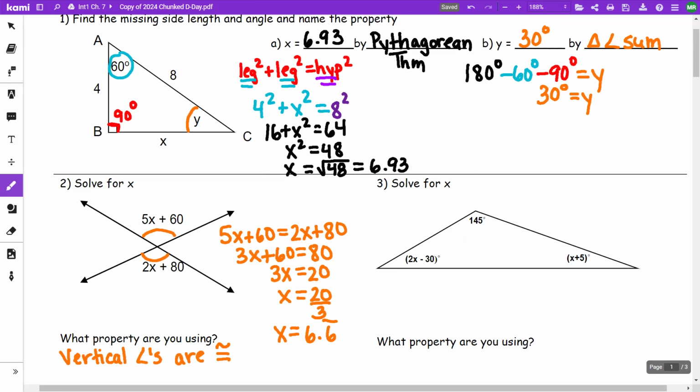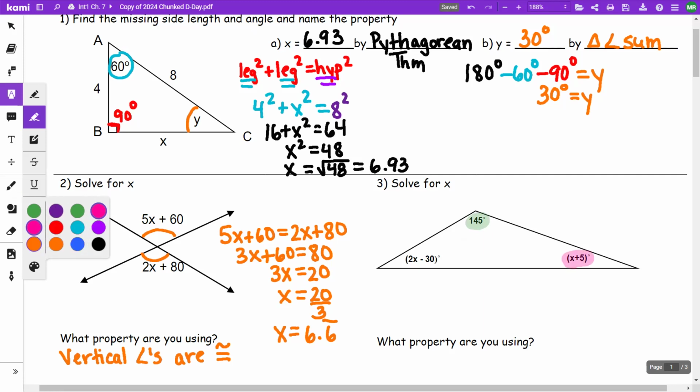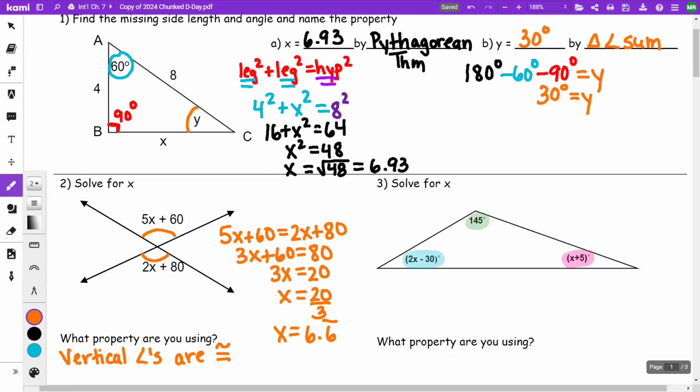On number 3, we have a triangle. All of these things here are angles. One angle is 145, one angle is x plus 5, and another angle is 2x minus 30. All three of these together are going to add up to 180 degrees.